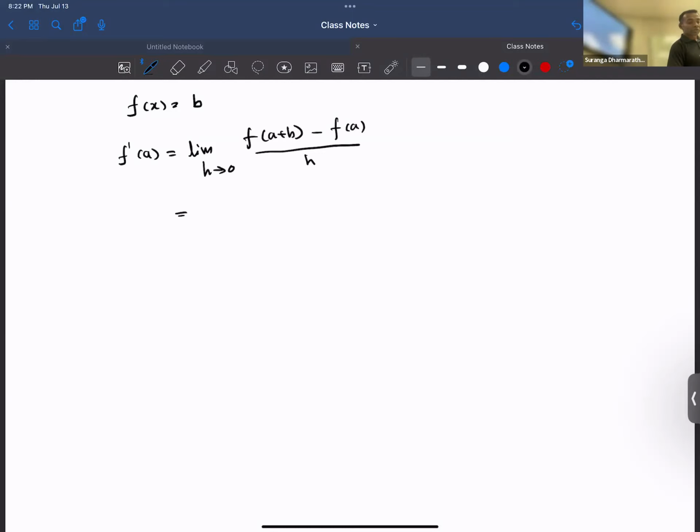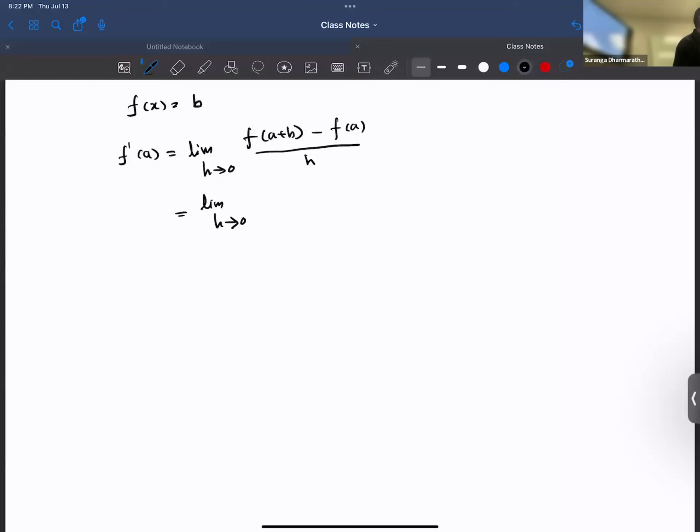So what is f of a plus h for this function? Is there any x term in there? No, it's a constant function. So what is f of a plus h?